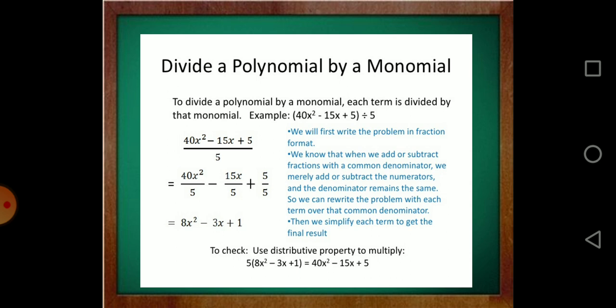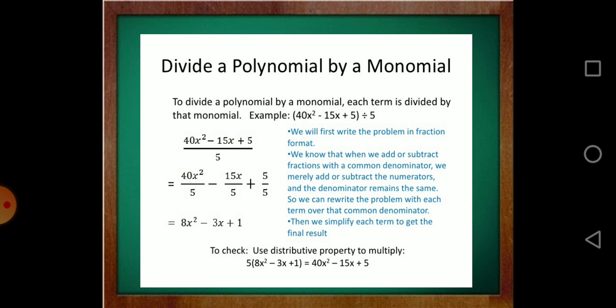So, 40x square minus 15x plus 5 when divided by 5, again like the previous problem, every term of the numerator is divided by the denominator separately. That is 40x square by 5 minus 15x by 5 plus 5 by 5. Now, the denominator does not have any variable.